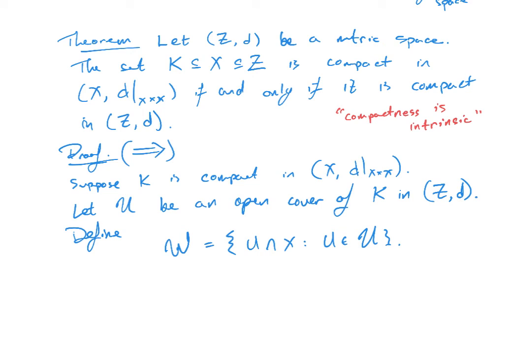Now, we took an open cover U in the big space. Now we're going to define the script W to be the restrictions of all those open sets to the smaller space X. So we took all the open sets and we intersected them with X.